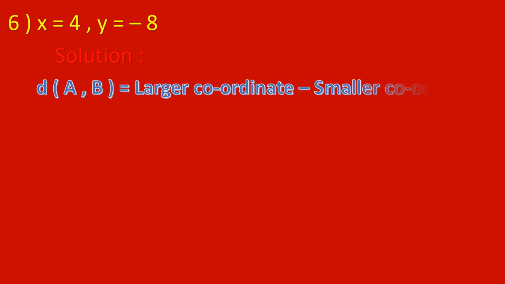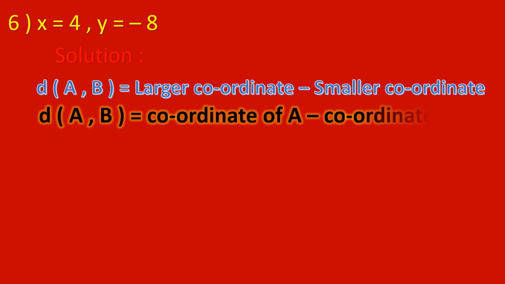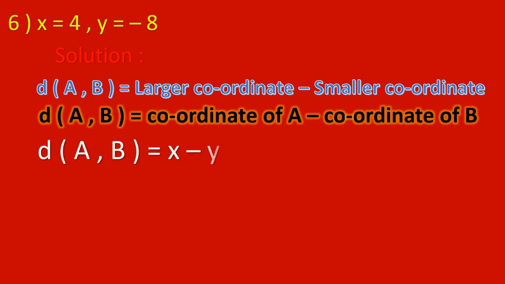Last question of question number 2. X equal to 4, y equal to minus 8. Here coordinate of A is greater, which is x. So coordinate of A minus coordinate of B is equal to x minus y.